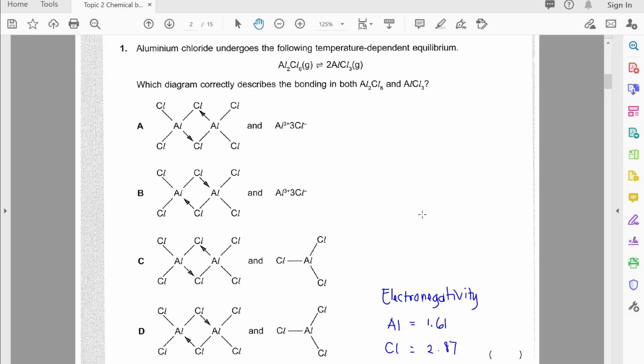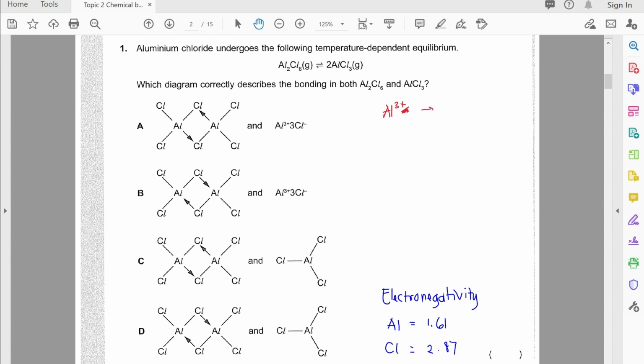Question 1. Which diagram correctly describes the bonding in both Al2Cl6 and AlCl3? The first thing we have to know is whether they form covalent or ionic bonding. Aluminium is a very polarizing ion because it has a large ionic charge and a small radius.